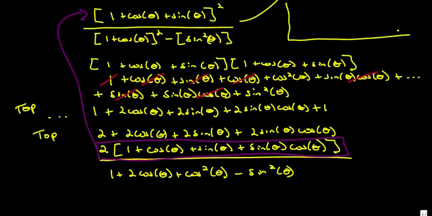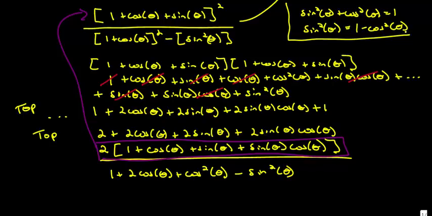So as a side note, up here, we know that sine squared plus cosine squared is equal to 1. So that means sine squared is equal to 1 minus cosine squared. So I'm going to stick that in right here.